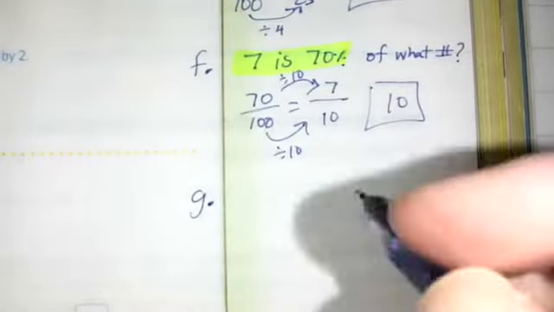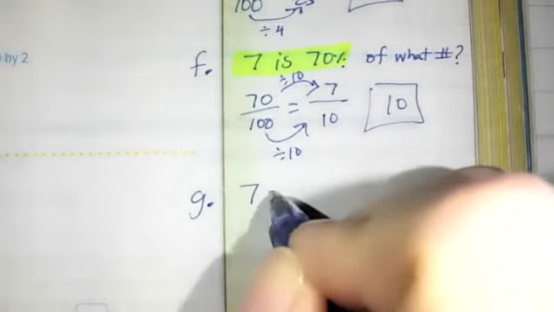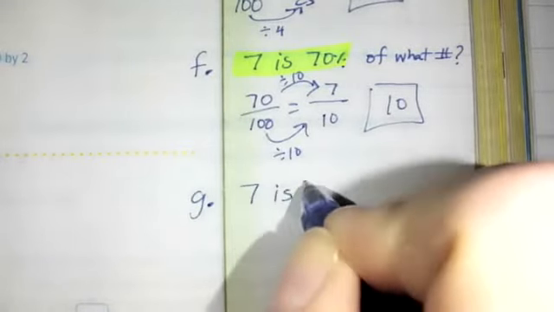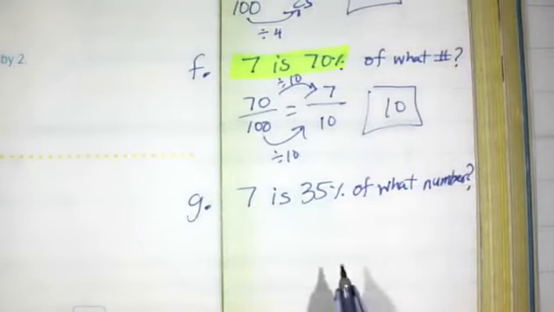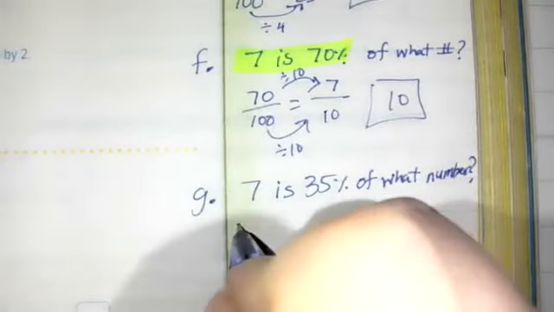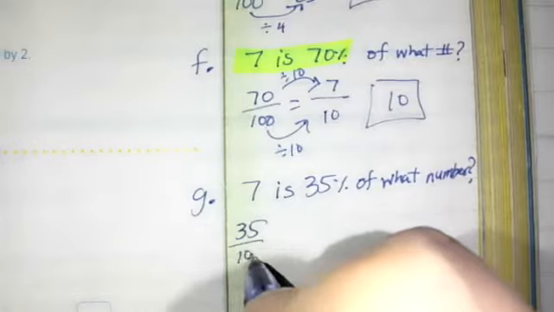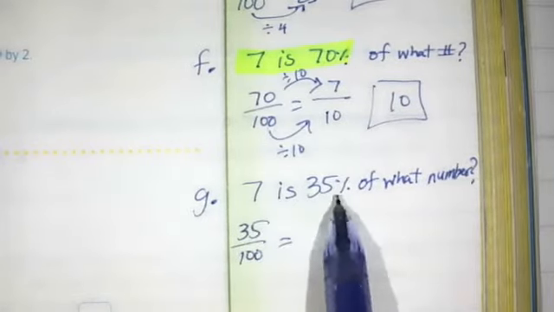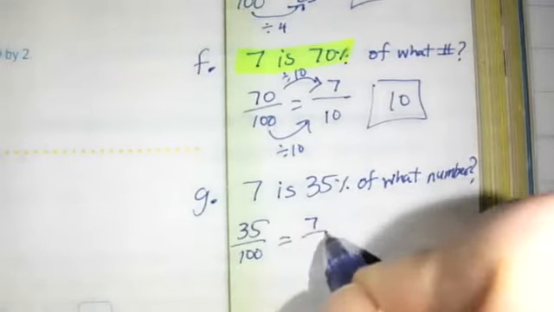Letter G. 7 is 35% of what number? All right. So when I see that 35%, I'm going to write 35 over 100. 7 is the part, so 7 goes in the numerator.